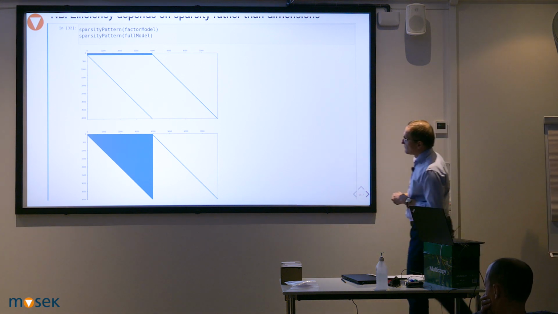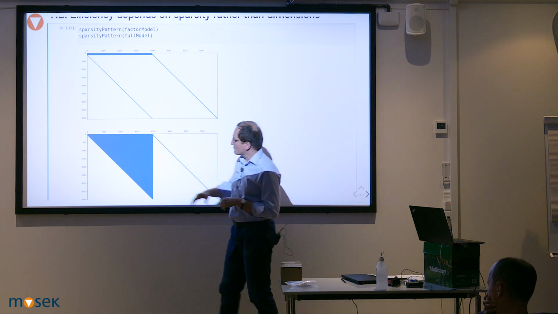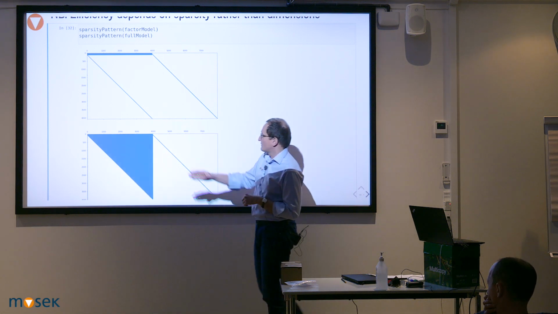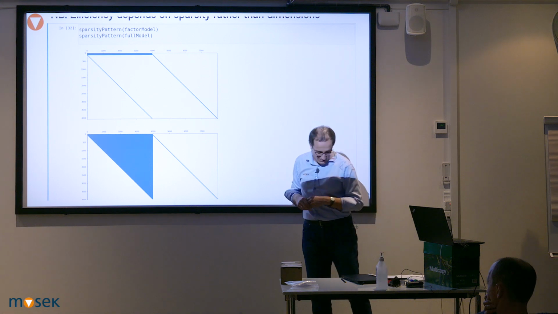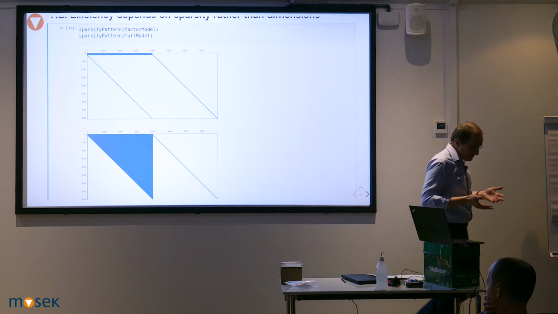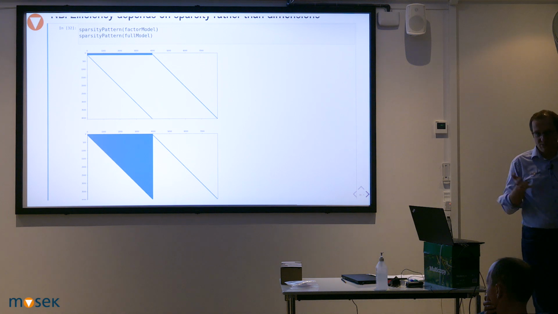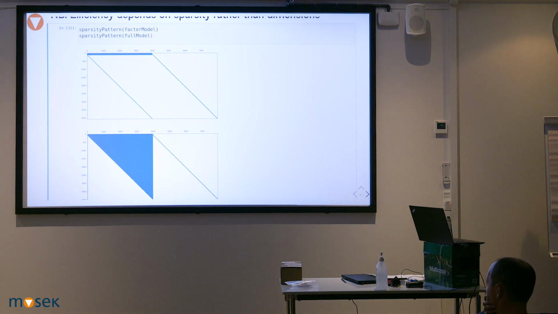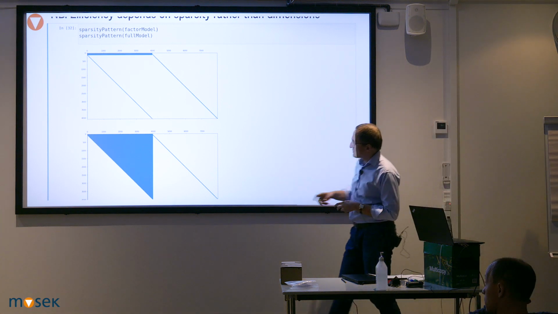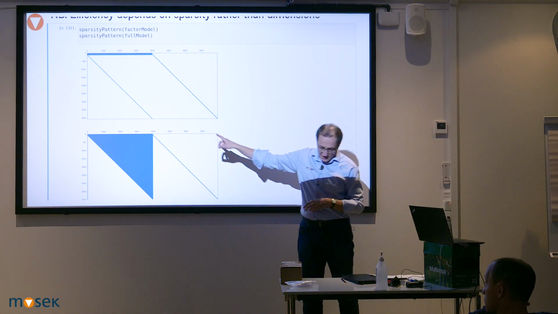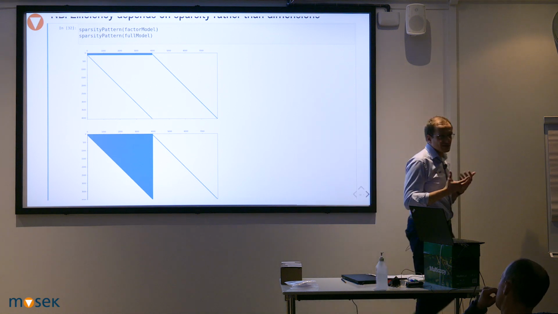We usually depict it with the constraints on the vertical and the variables on the horizontal axis, and every blue point is a non-zero in the equation system that appears inside the solver when you feed in the problem, right? And here the big triangle is the whole Cholesky factorization of the big sigma matrix.